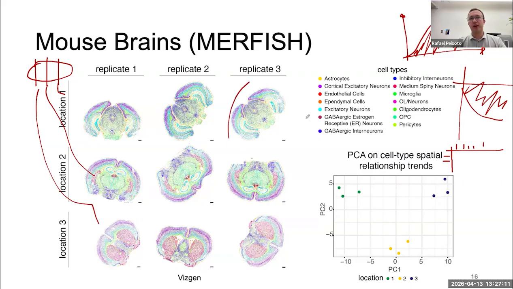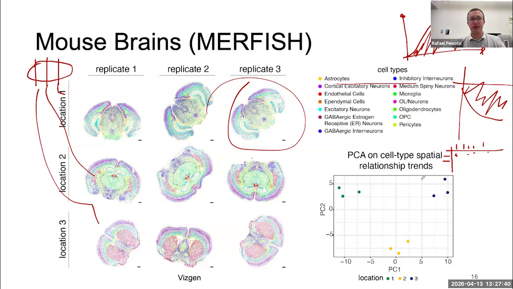For example, for this sample, location 1, replicate 3, we'll have an area under the curve for the relationship of astrocytes and inhibitory neurons, and then another one for astrocytes and microglia, and so on and so forth. This is very similar to single cell analysis or any other gene expression analysis, because you have samples and you have features for those samples.